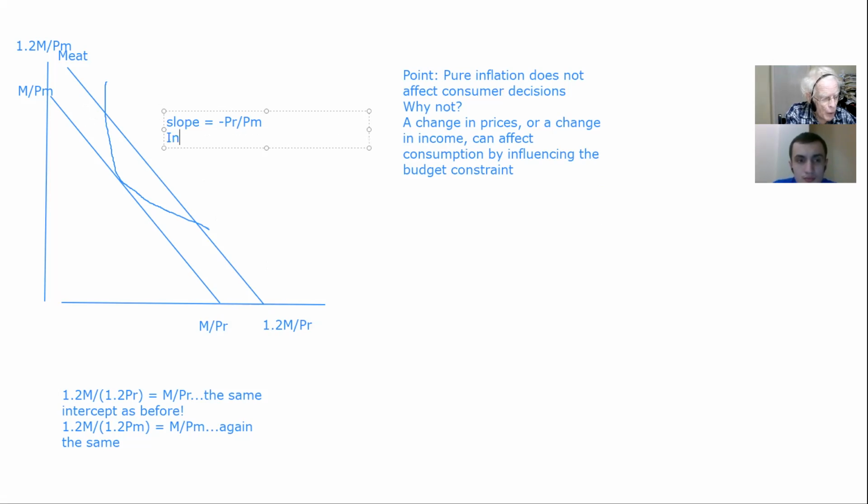So in this case, the income effect does change consumption because it enables us to buy more meat and more rice than before.